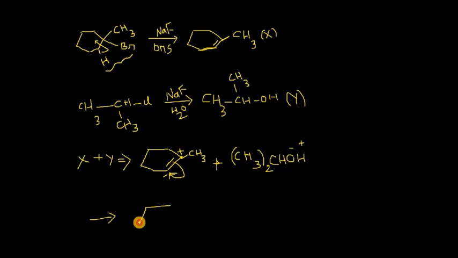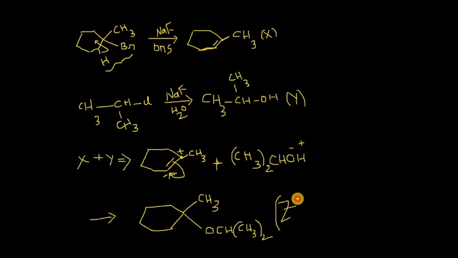The resultant of this reaction is a ring without unsaturation. You will be getting CH3 here, and on the other carbon you will be having OCH(CH3)2. This is the final product called Z in the reaction.